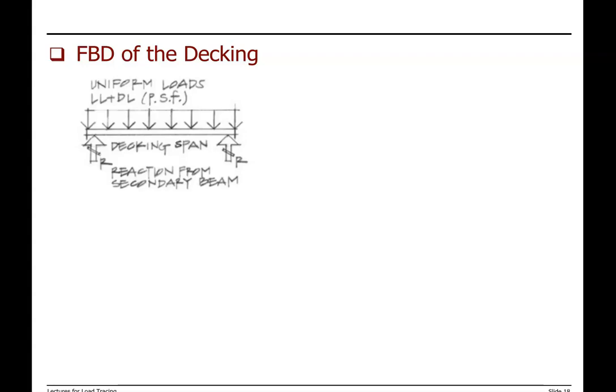So we have the free body diagram. This distance is the decking span. We have the area load on the decking, and as you can see, a uniform area load, live load plus dead load, in pounds per square foot, which we show using PSF. So whenever we have a surface and an area load, the unit is PSF.